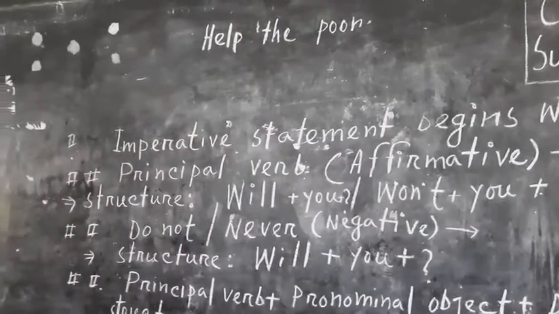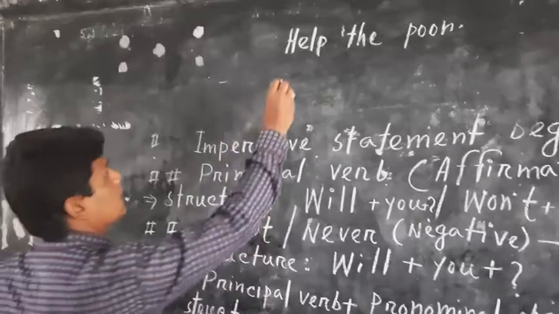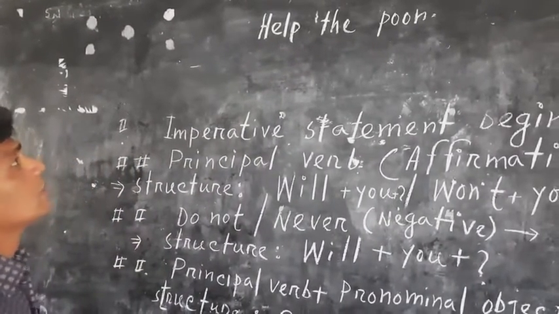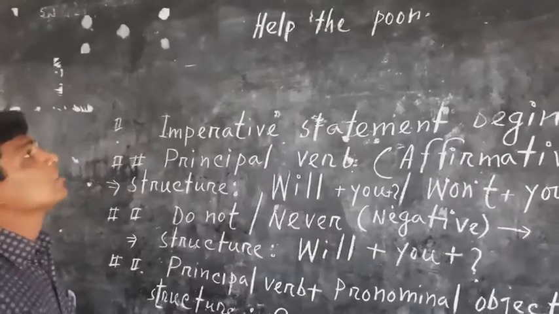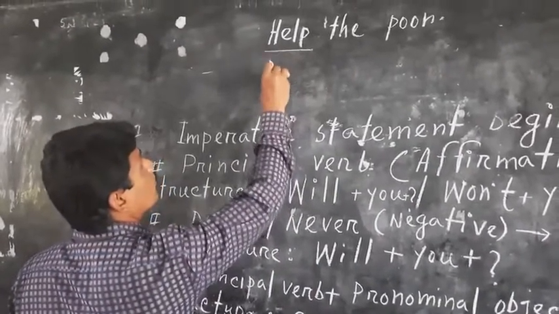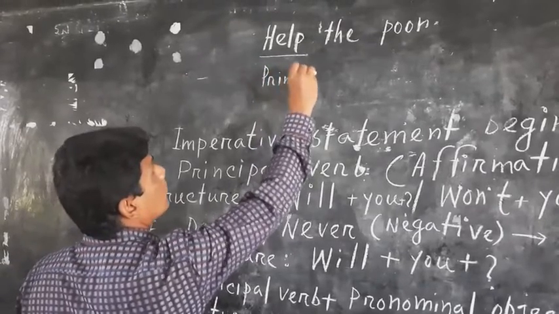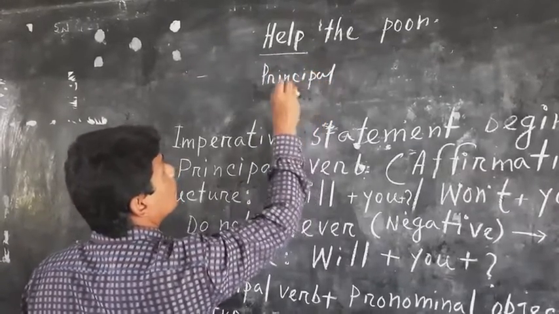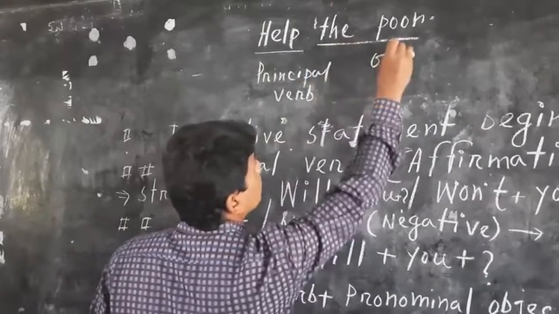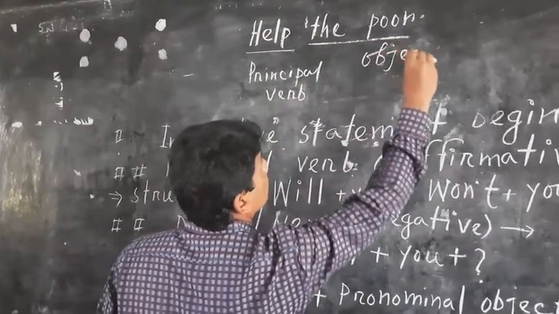Notice here at first you see the sentence begins with verb. Next, object.